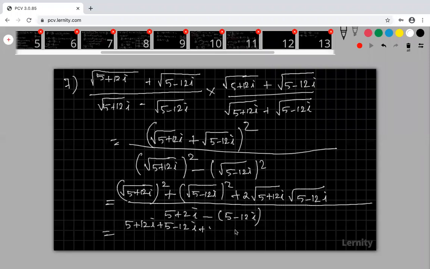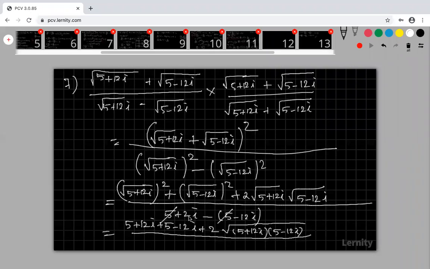Here I can write like this: root of 5 plus 12i into 5 minus 12i, divided by... Look at that, here this is minus 5, and minus 5 plus 5 get cancelled.